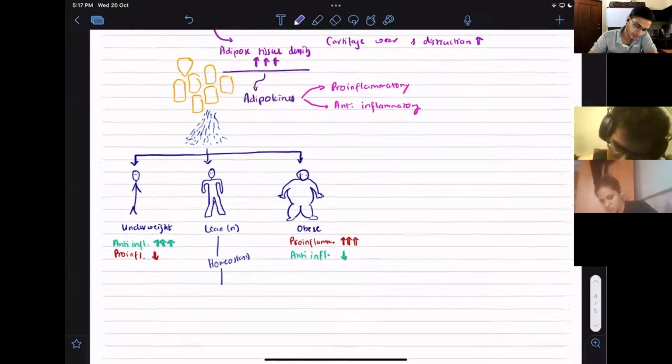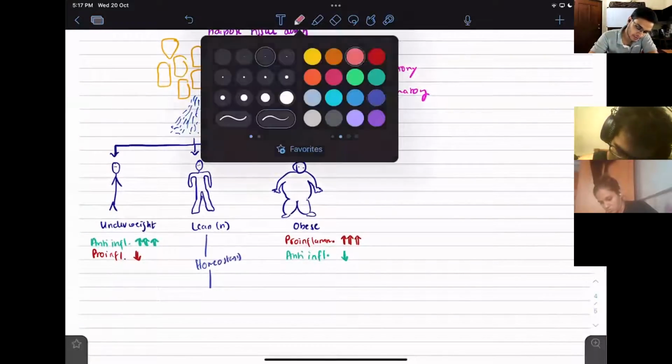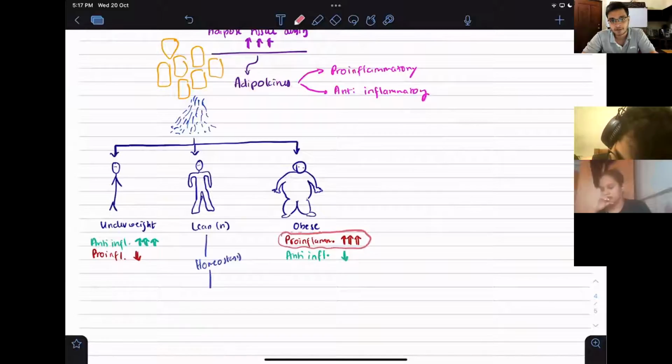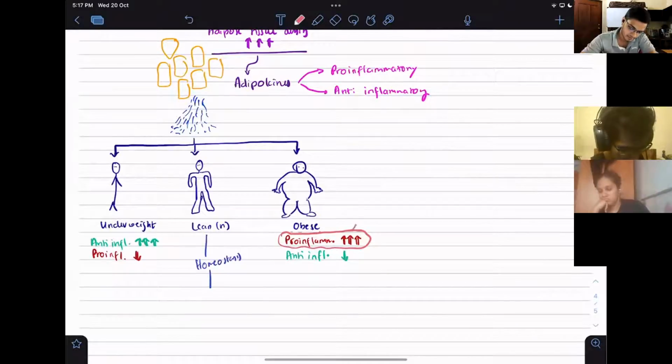When pro-inflammatory adipokines increase in obesity, and we are focusing on obesity, we don't need to talk about underweight persons. In obesity, when pro-inflammatory cytokines are high, what happens?